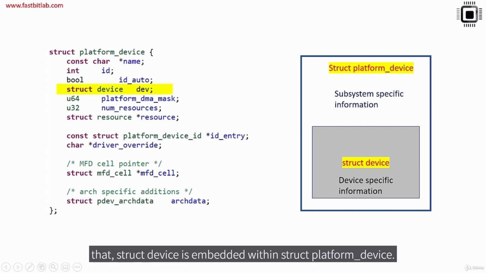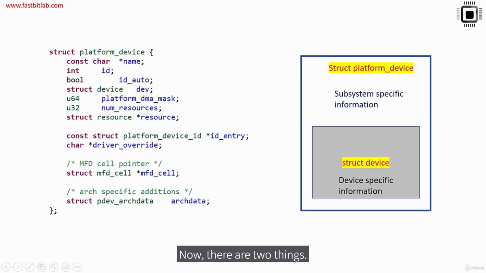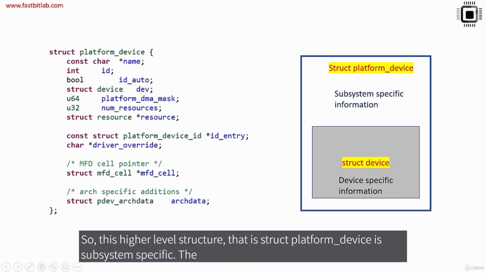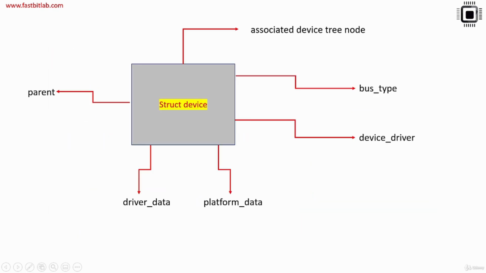You can see that struct device is embedded within struct platform_device. Now there are two things. This higher level structure, struct platform_device, is subsystem specific. Its member elements carry subsystem specific information, and the information contained within struct device is subsystem independent.